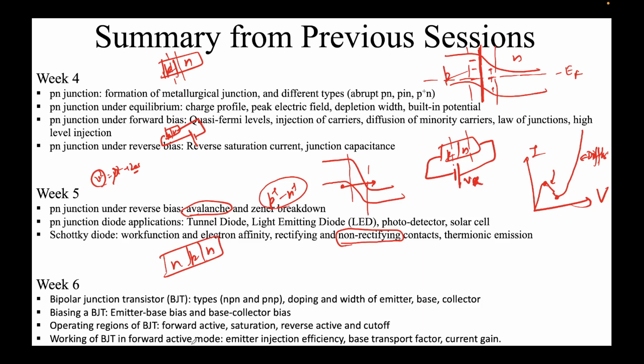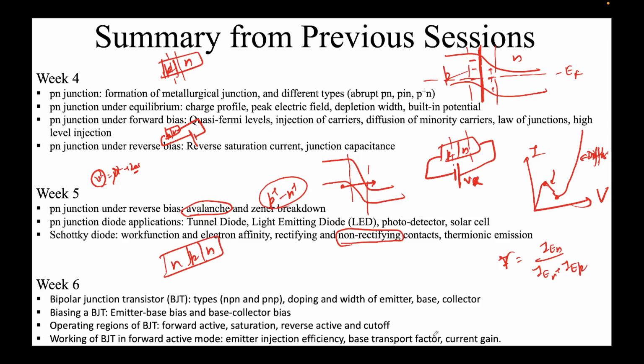If you recall the table, the forward active mode is where emitter base is forward and base collector is reverse. The cutoff mode was when both were in reverse bias, and so on. Our analysis focused mostly on the forward active mode, in which we saw various terms like the emitter injection efficiency, which, if you recall, was IEN over IEN plus IEP.